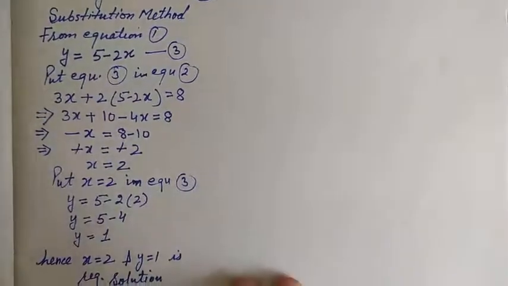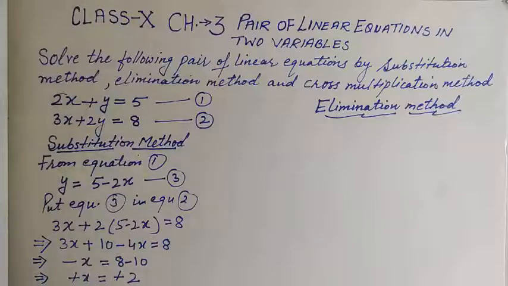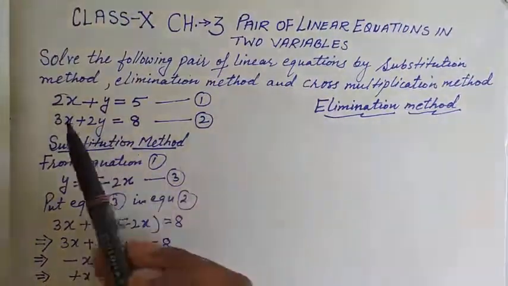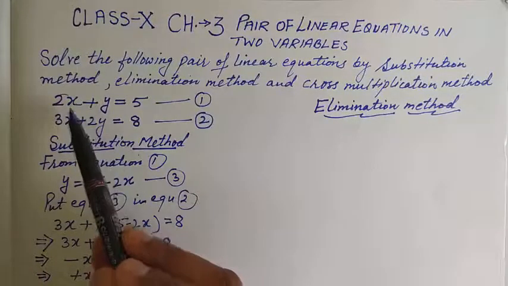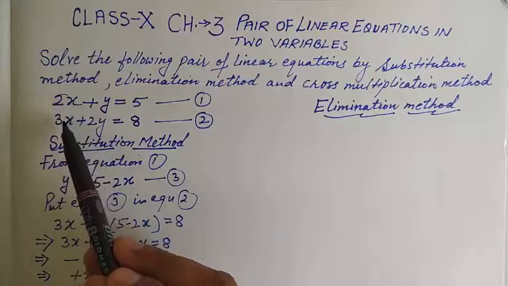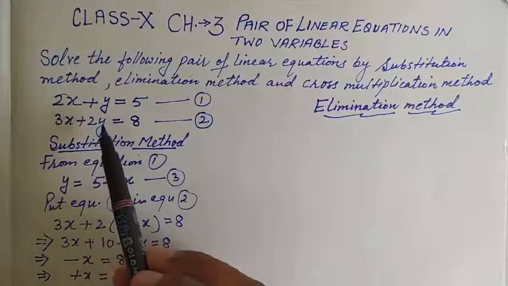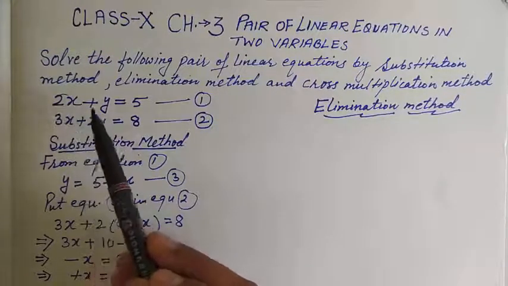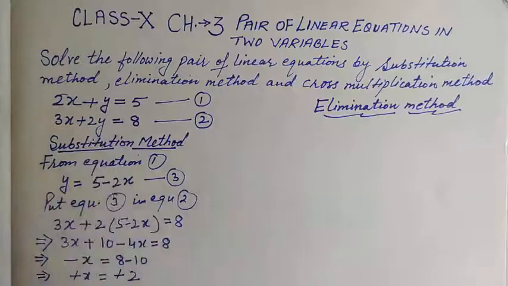Now next is elimination method. So in elimination method, what we do, we'll make the coefficient of either x or y same in both equations. I repeat, in both the equations we'll try to make the coefficients of either x or y same in these equations.